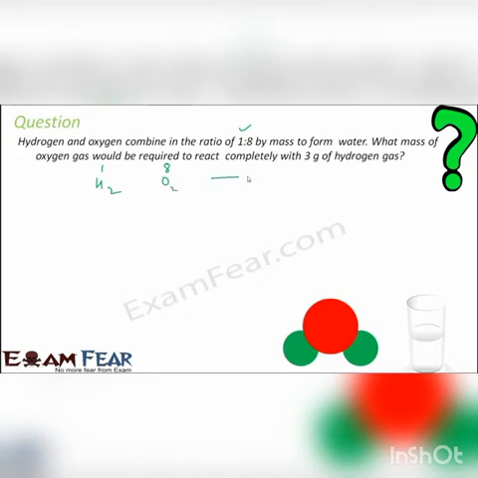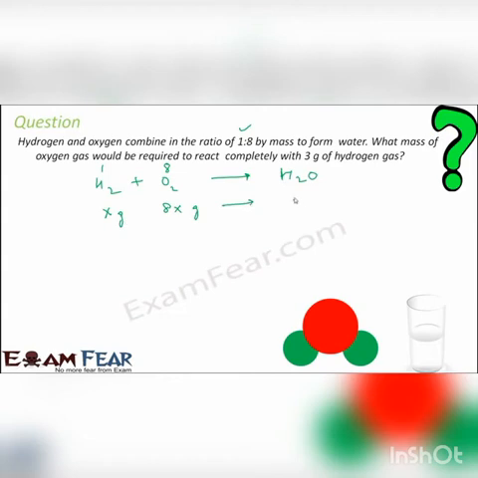H2 plus O2 gives H2O. If you want, we can write the balanced reaction as well, or we can ignore it for timing, since we don't know how to balance the reaction at this point of time. So this is the reaction. It says that if this is x gram, 8x gram is required.